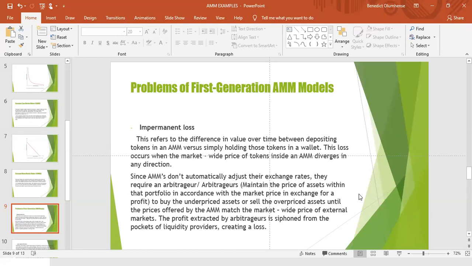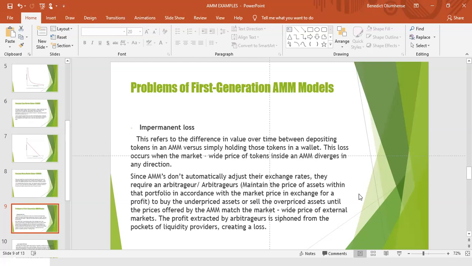Because these AMMs don't automatically adjust the exchange rate, they require these people to help maintain the price of the assets, right?